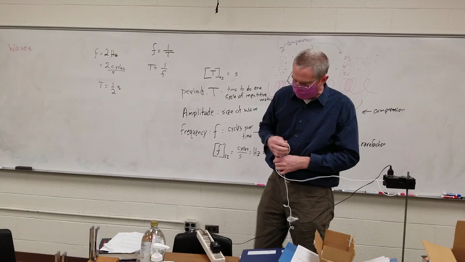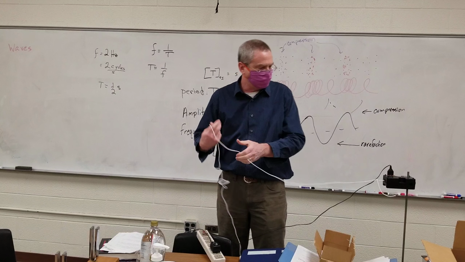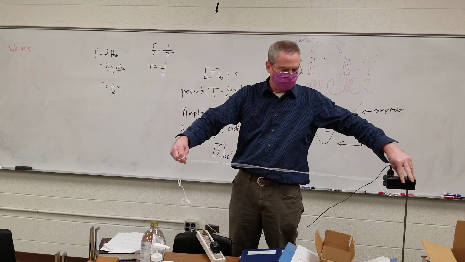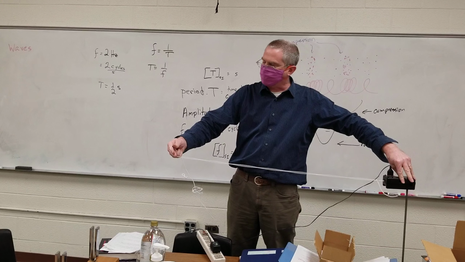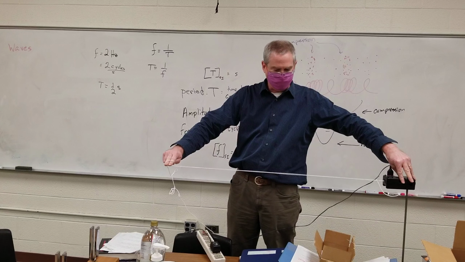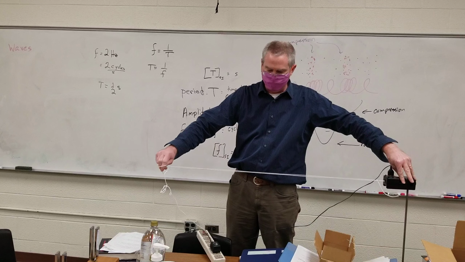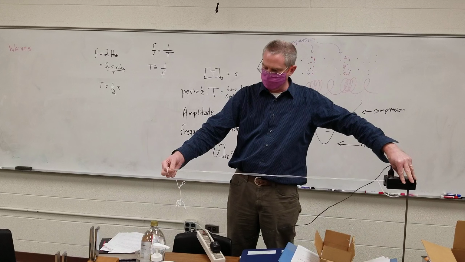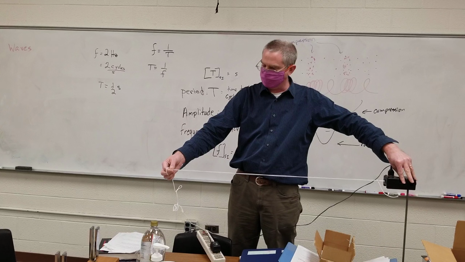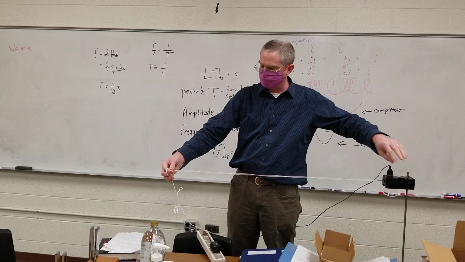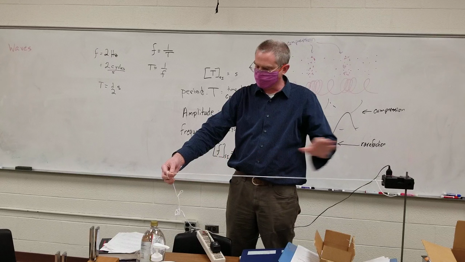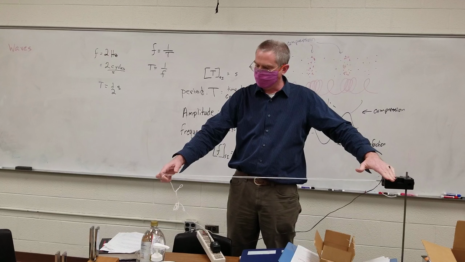All right, so we'll turn this on. By adjusting the tension in the string, I can change the harmonic. You can sort of see it right there. My hand's shaking a little bit, so it won't be perfect.